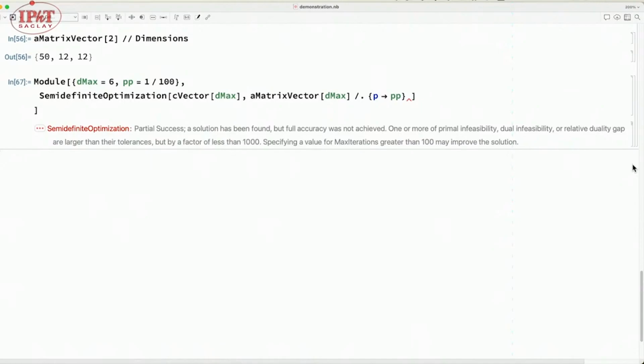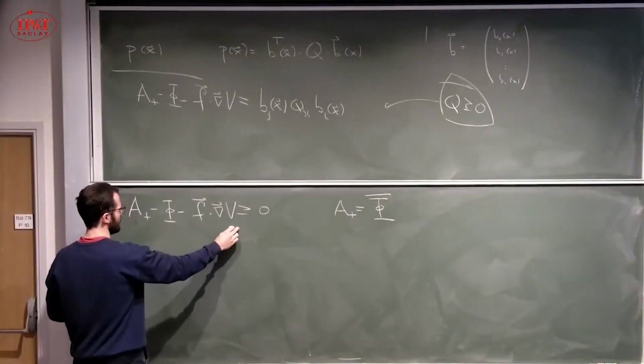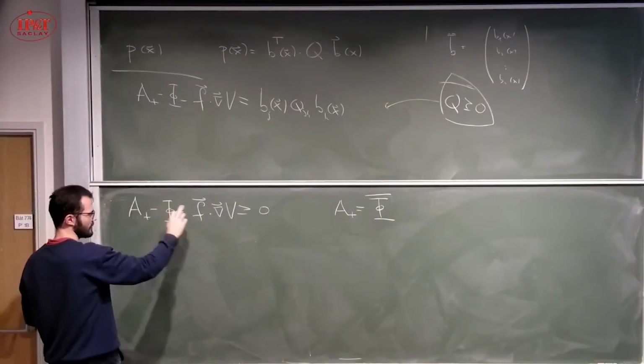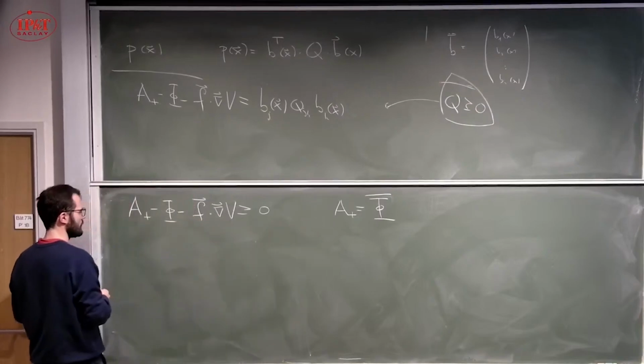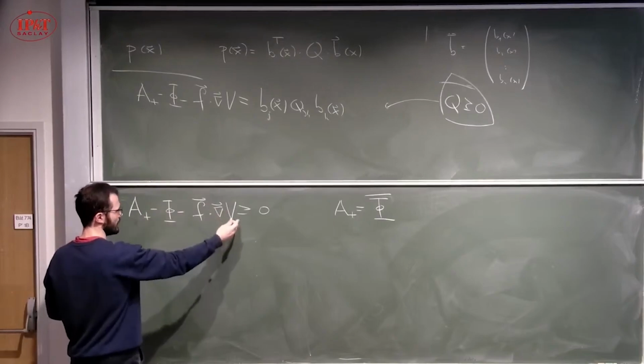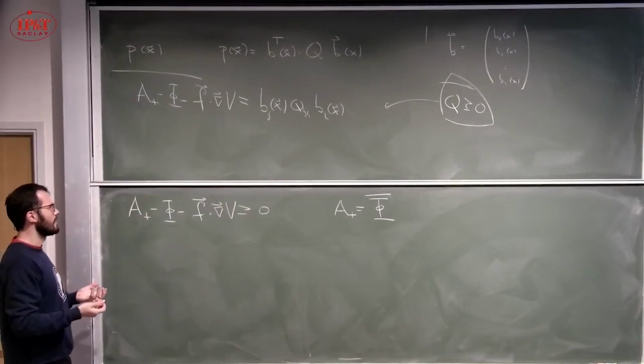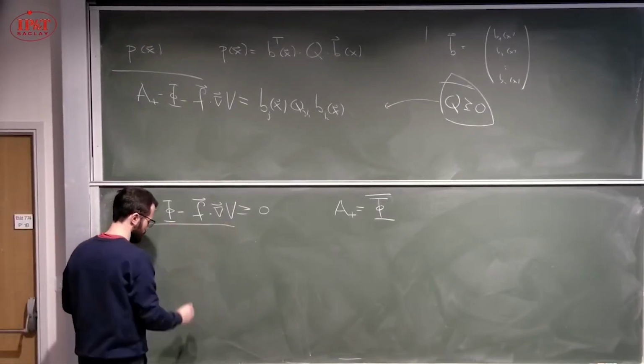So the only way this can be true is if the long-term average of this thing is zero. Long-term average of this is certainly zero, and long-term average of this is zero by assumption. So for the optimal B, the long-term average of this is zero, but it's a non-negative function, which means that the trajectory of the particle has to stay in the region where the function actually vanishes.